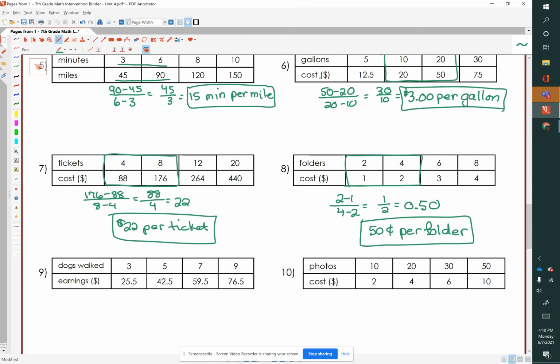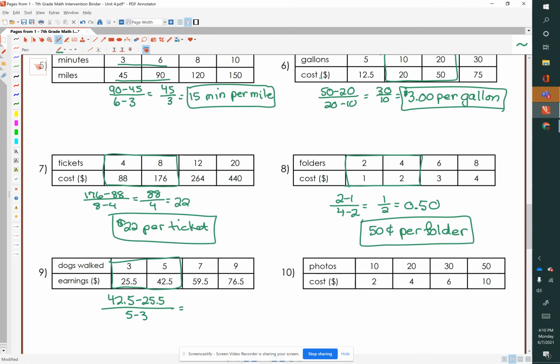Okay, number 9. So we have decimals everywhere, so let's work with our smallest numbers. 42.5 minus 25.5 divided by 5 minus 3.